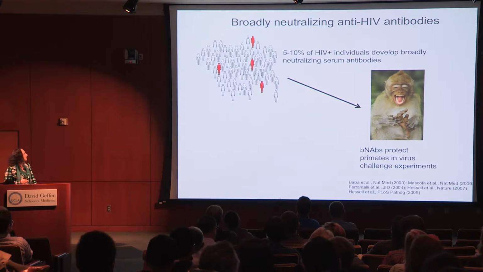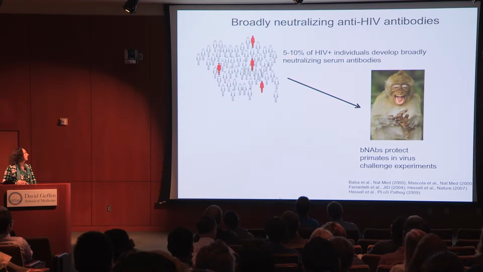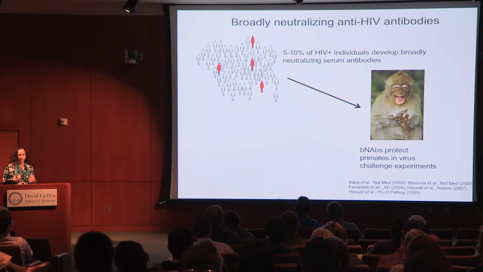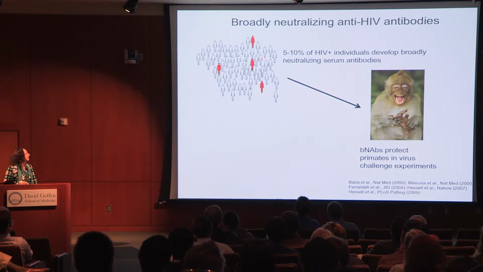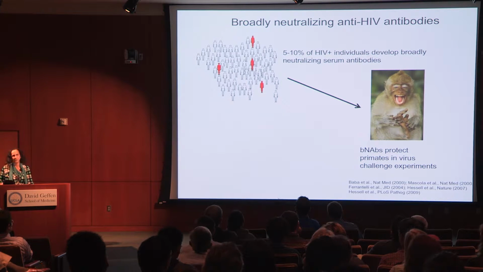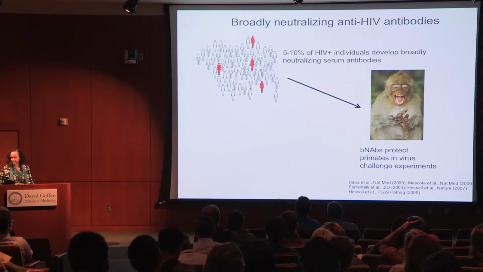This summarizes some work that's been done by a number of different laboratories, but it's been known for at least 15 years that if you do manage to get a broadly neutralizing antibody from these rare patients, in animal models of HIV infection, they're protective. So clearly, if we were able to elicit these BNAbs, we would have a vaccine.